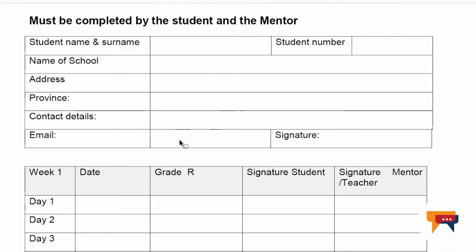The email address, right? And your signature as a student. Your email address here should be your myLife email address, right?